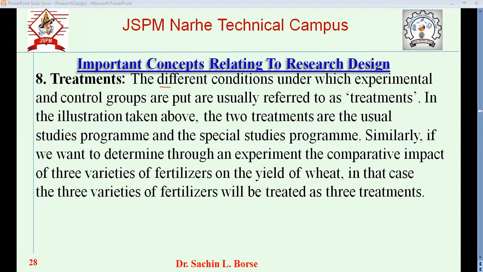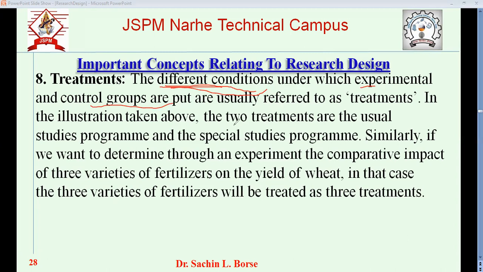Treatment is a different condition under which experimental or control groups are put. So it is a condition. What is meant by treatment? Treatment is a different condition under which experimental or control groups are put. That is called treatment.